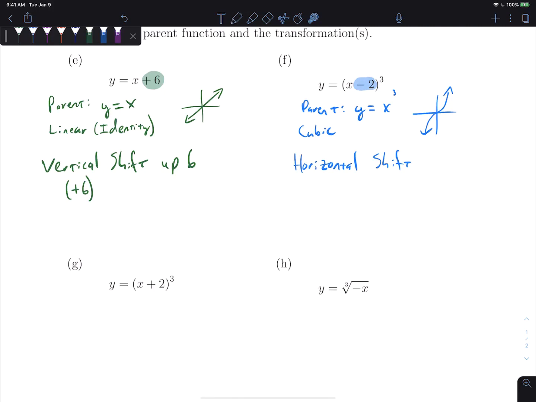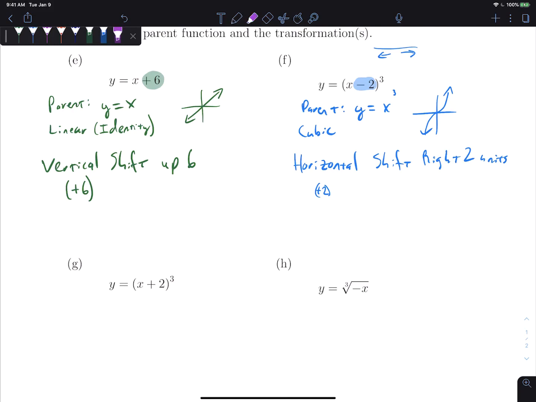And in this case, because it says minus 2, on the number line you would think minus 2 is to the left and positive 2 is to the right. But because we're inside with the x, we always do the opposite. That means that this is actually going to go right 2 units. Okay, so on my math lab, instead of saying right 2 units, it's just going to say plus 2 units. So it's a horizontal shift plus 2. That plus 2 just means go right 2.